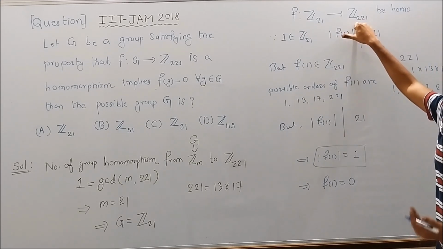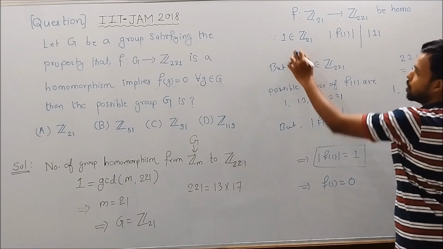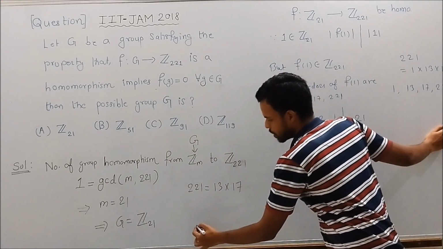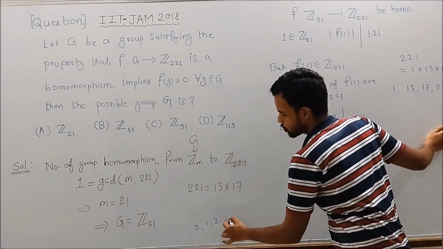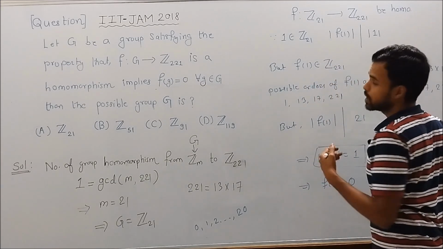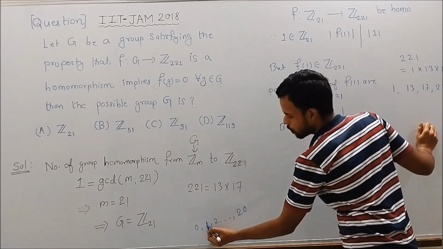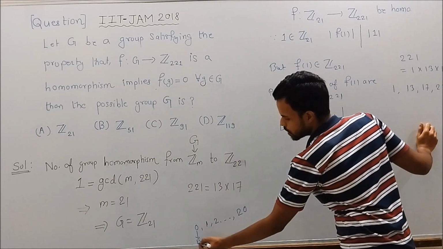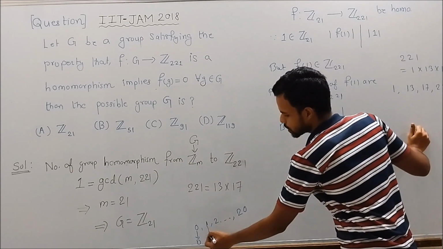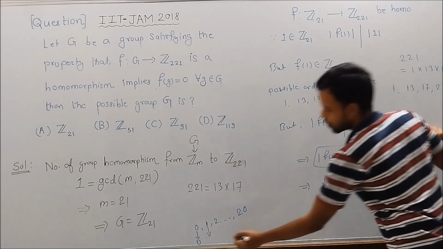Now we will determine the images of other elements. Z21 is the set 0, 1, 2 and so on up to 20, and the operation is addition modulo 21. The image of 0 is 0 because the identity maps to the identity, and the image of 1 is 0.